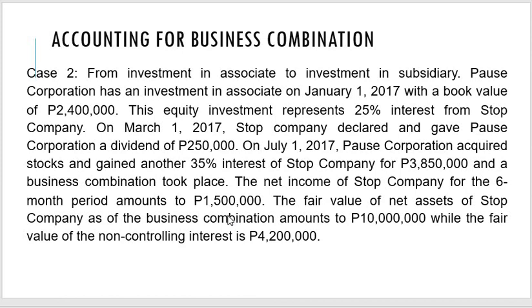So dapat i-update muna natin ang balance ng investment in associate, no, after i-transfer natin siya from investment in subsidiary. So the fair value of your net assets of stock company as a business combination amounts to 10 million, while the fair value of non-controlling interest is 4.2 million. Okay?